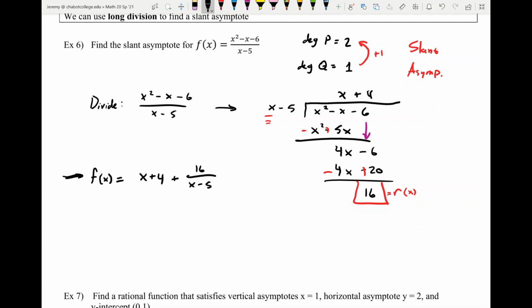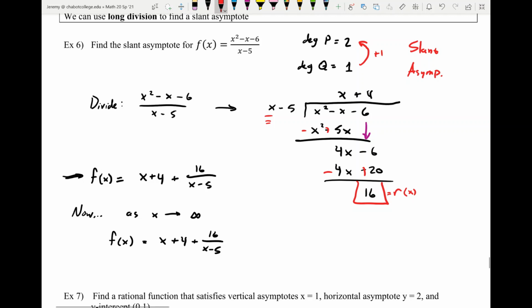So now we can see that as x goes off to positive infinity, f of x, which is equal to x plus 4 plus 16 over x minus 5.